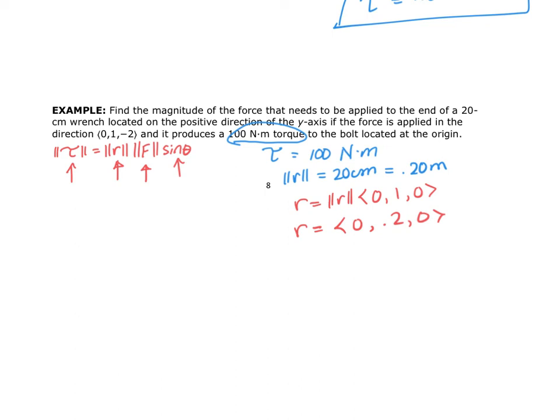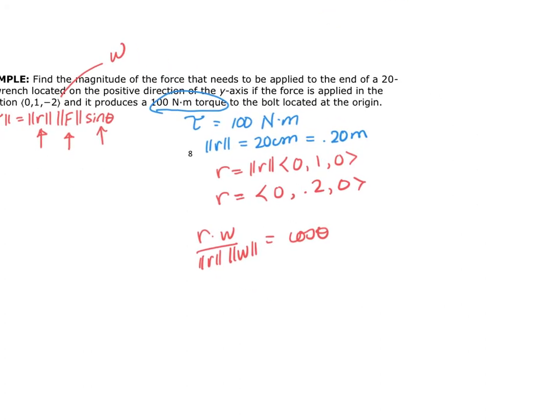Now, if you remember, the cosine is going to be the dot product of R dotted with, I'm going to call this W, divided by the magnitude of R, which we know, times the magnitude of W, and this will equal the cosine of theta. So I need to find the dot product of R and W. My R is 0, 0.2, and 0. My W is 0, 1, and negative 2. And its dot product is going to be 0.2. I have to find the magnitude of each one of these.